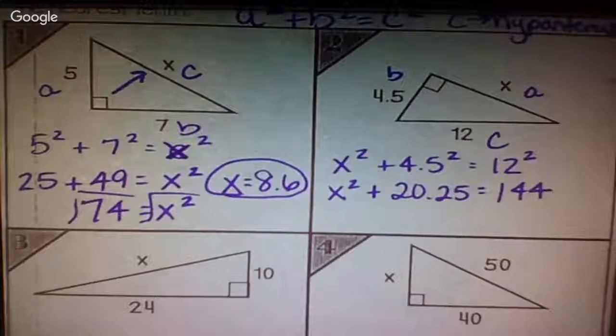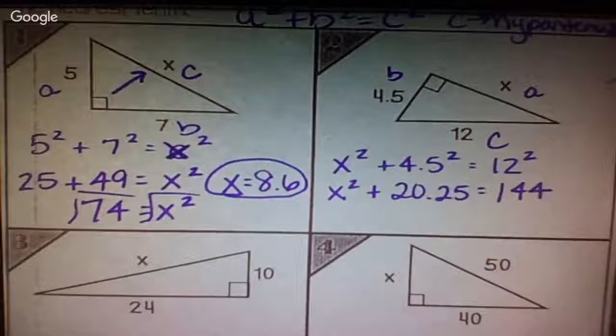So Shania already told us when I square 12, I should get 144. So I'm gonna do the same stuff then. Okay, so in order to solve this one now, I have to do what?